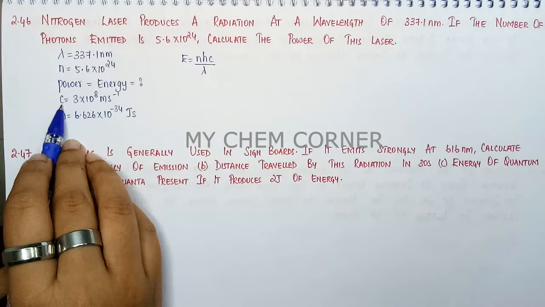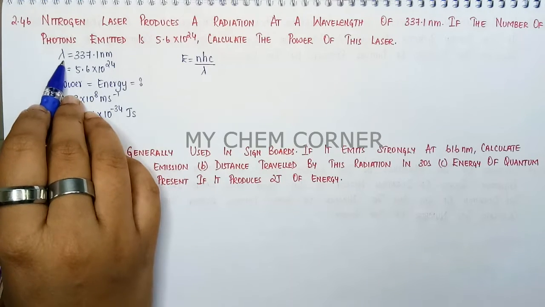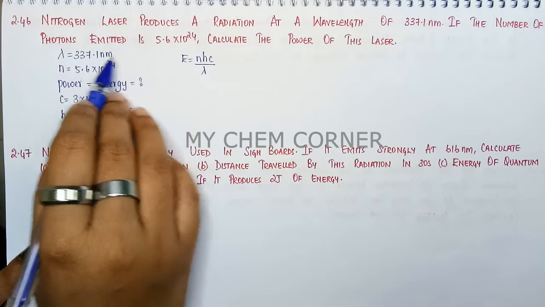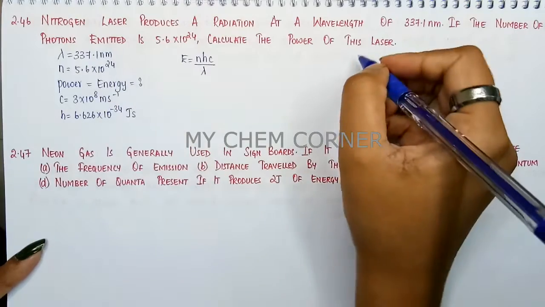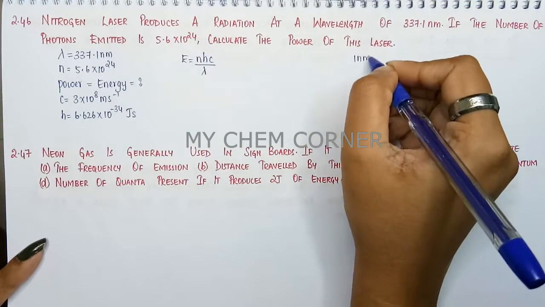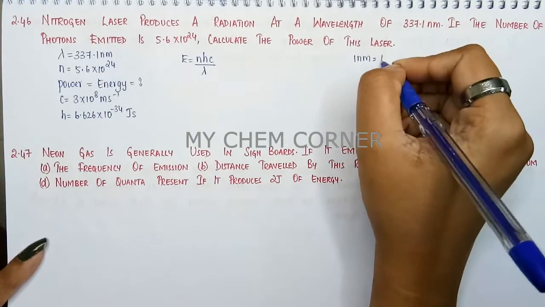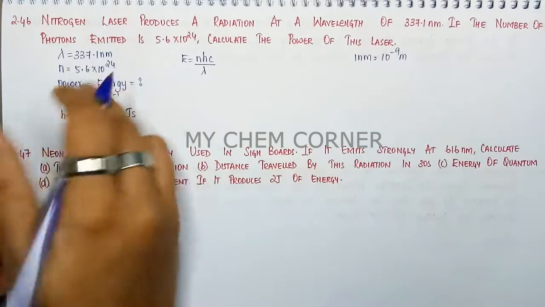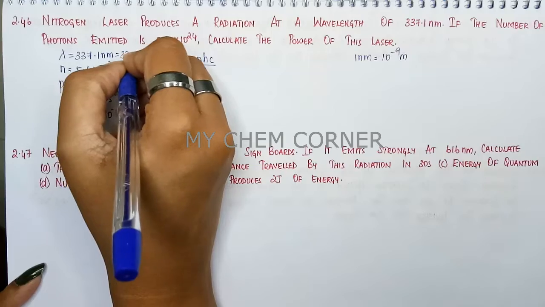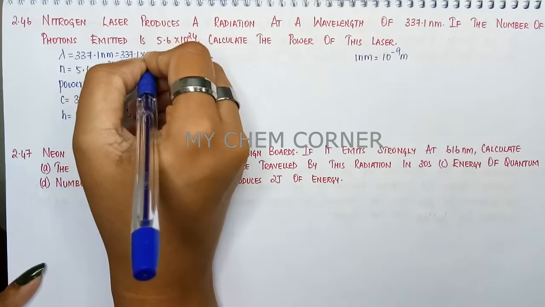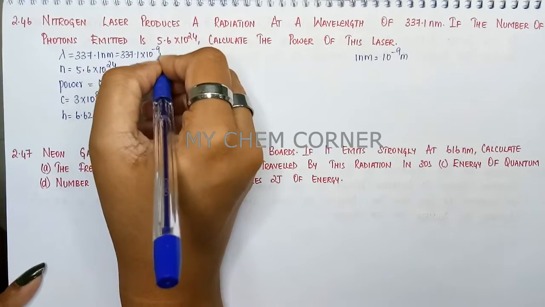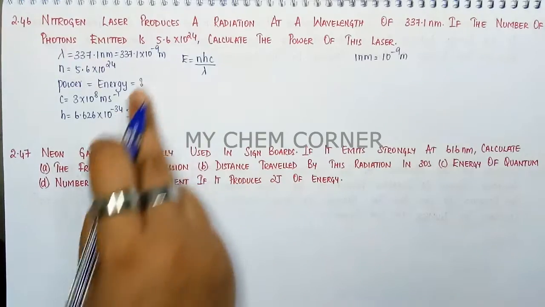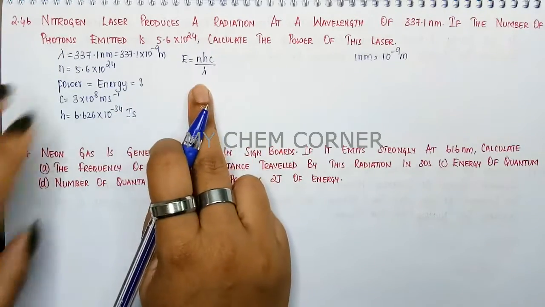So now since c is in meters, wavelength should also be in meters. So here you should know this relation where 1 nanometer is equal to 10 to the power minus 9 meter. So here this is equal to 337.1 into 10 to the power minus 9 meter. We have all our values that we need for this particular equation.